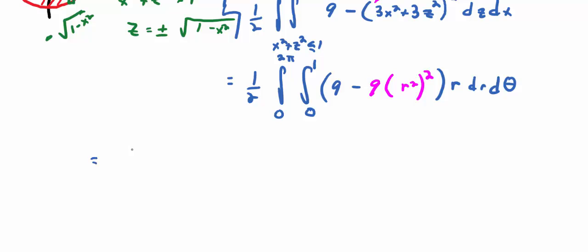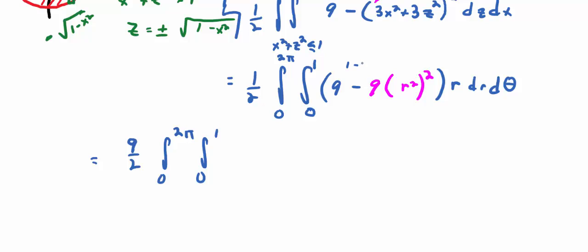We get 1/2 integral 0 to 2 pi, integral 0 to 1. All right, what does this junk become? Well, first of all, I could factor out a 9, couldn't I? Yeah, I could factor out a 9 and make a 9/2 out front. I'm a big advocate of factoring this stuff out, okay? The constants, factor them out, it makes life easier. And then what does this become in here? Just 1 minus r to the 4th. But then you have to distribute r to that, right?